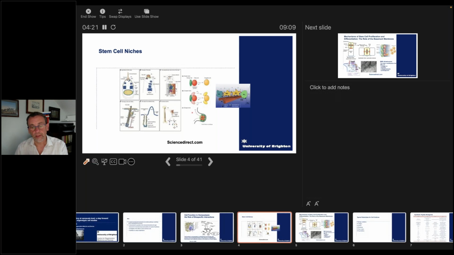Another important aspect for us to consider today is that among the different types of extracellular matrices that we find in the body, the stem cells have a particular environment which is called the stem cell niche.